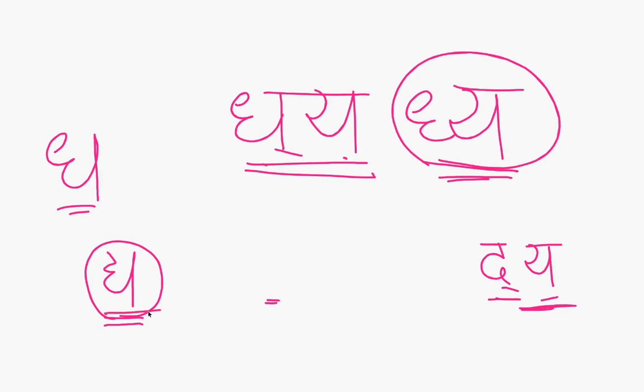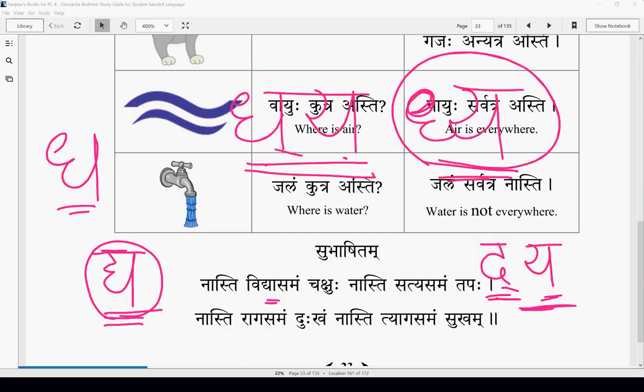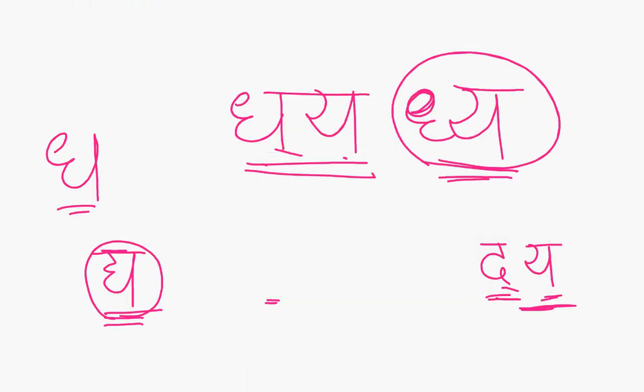And this dya, if it has no circle on the top like this, is just da and ya. Okay. Thank you. Also, it is Mahaprana, isn't it? Yeah, Mahaprana. There is a difference there. One has no air in it, the lower one. This is more air, more energy.